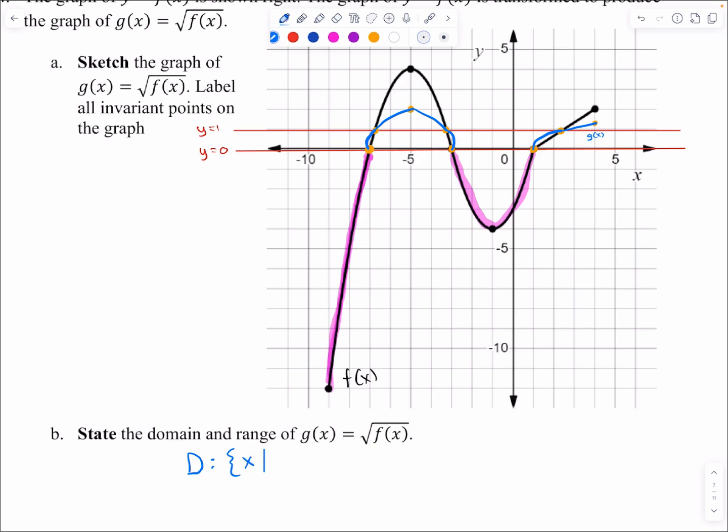It looks like the values for our g of x function are between -7 and -3, and equal to those points too. We're going to say that for our domain statement. And then there's another interval to consider over here. It looks like it's going from 1 to 4. So there's our domain.